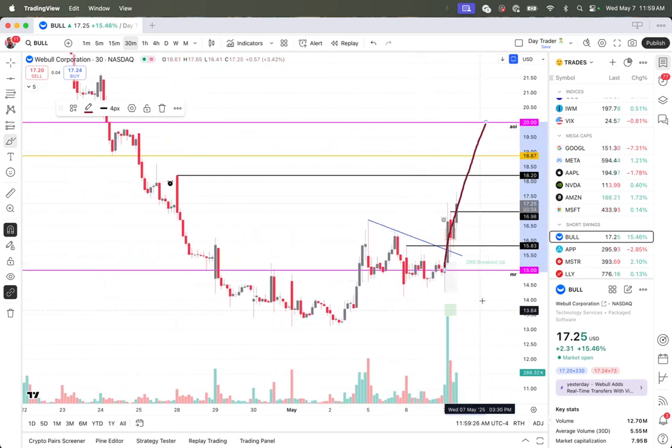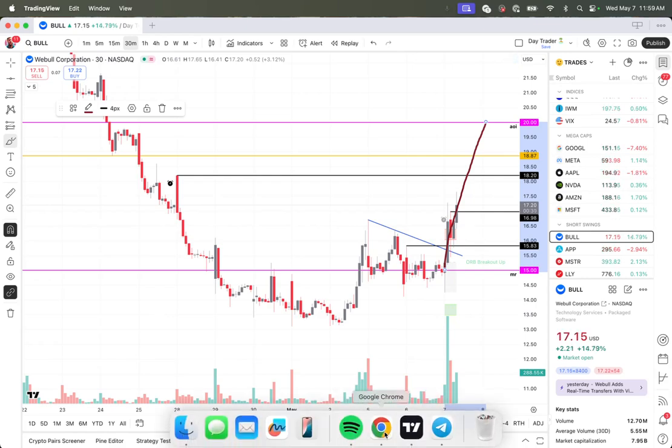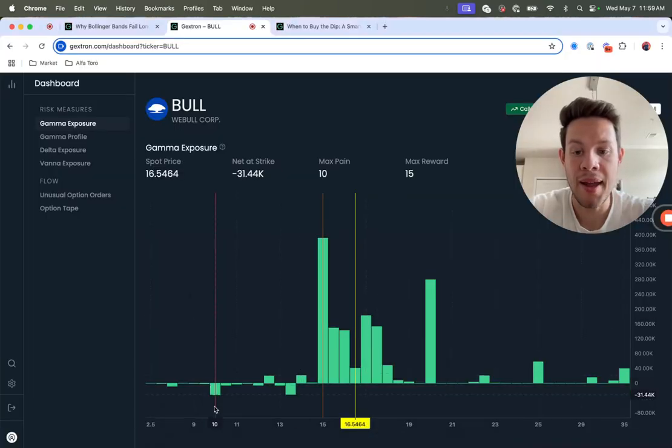Now let's do vice versa. Just like there's a max reward, there's also a max pain. Max pain represents, it depends on the context of where price comes in. If price is coming towards it, max pain is the biggest support wall for Webull at the moment.